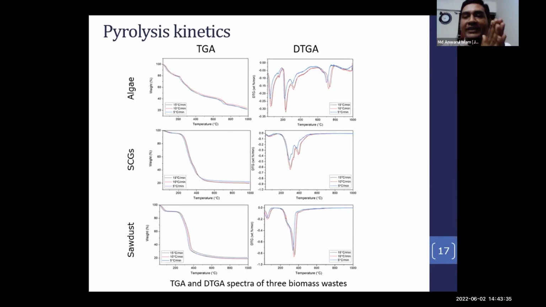Also, as the heating rate increases from 5 to 10 to 15, the decomposition curve shifts to the right. This means that before the complete decomposition, the temperature is increasing, so that's why the curve shifts to the right.